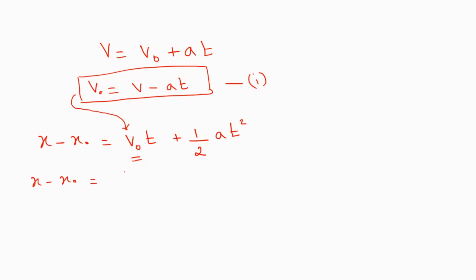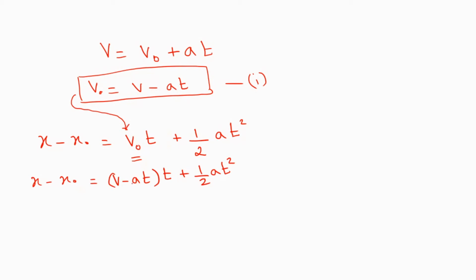So if you substitute, what will happen? (v minus at) multiplied by this time. And then the rest of the part I am going to write plus half at square.